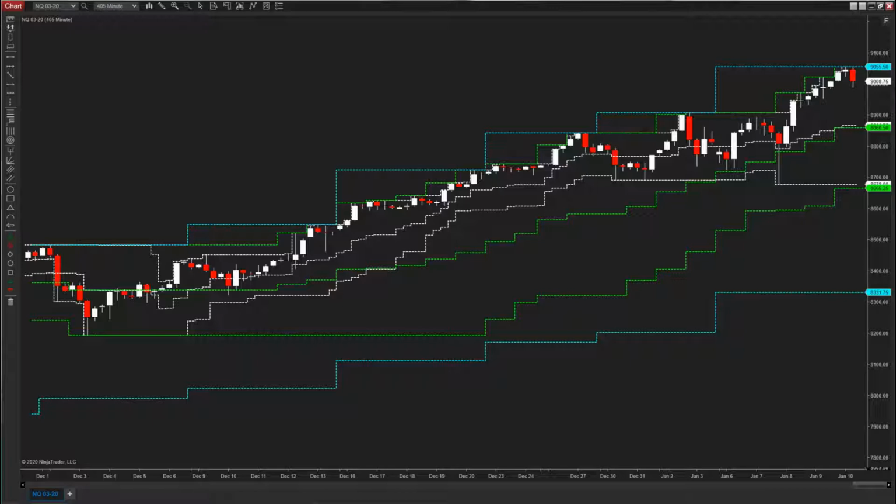And you can see that this mid band for the daily session has been holding price on this uptrend. So if that breaks, I'm not saying it's going to break, I'm just saying if it breaks, then you're going to be looking for this second level, which is the lower end of the RTH and daily, to hold price and get a bounce there.